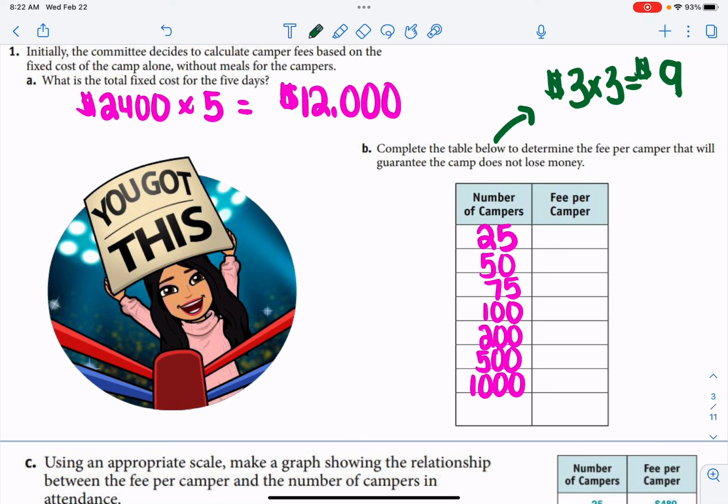And then from there, if it's $9 per camper and I have 25 campers, I'm going to multiply 25 times 9, and that's going to be 225. But also we want to figure out how much they are paying per day.